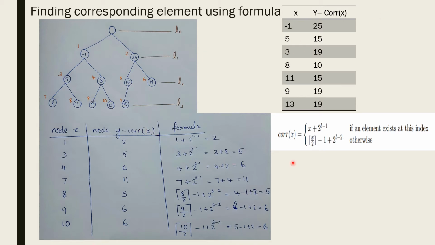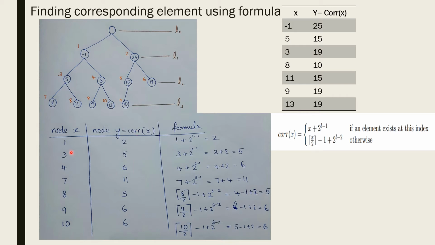Now I'll explain it to you using the formula. This is the formula where x represents the node, which node it is. For elements we are finding the corresponding element of the left subtree, so the left subtree represents x and the right subtree represents y.